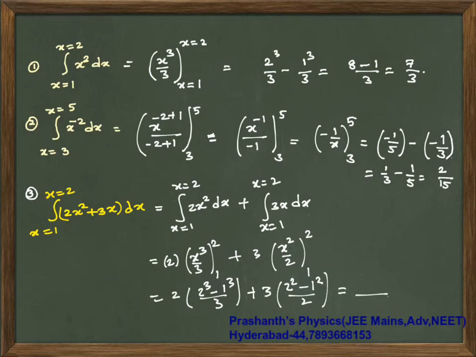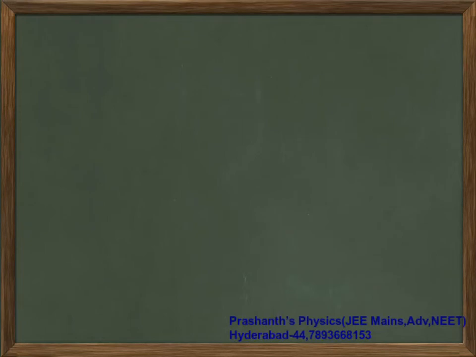Simplify to get the answer. Next, let us try to calculate the integral of x power 1 by 2 dx from x equal to 1 to x equal to 2. Now if you stick to the definition, you are going to get x power n plus 1 by n plus 1.